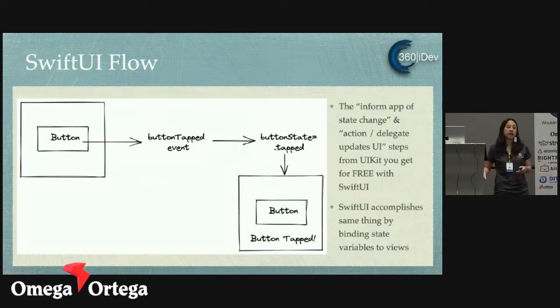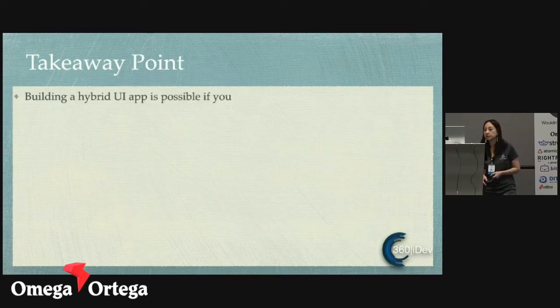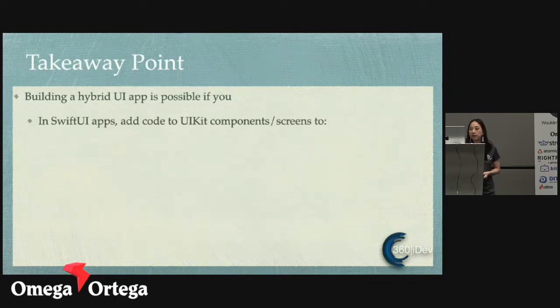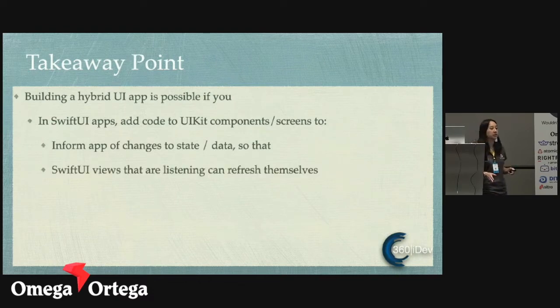So now that we know that there's differences in the flow between UIKit and SwiftUI, there's some takeaway points I want you to keep in mind as I'm going through the different use cases. So building a hybrid UI app is possible as long as in a SwiftUI app, make sure to add code to your UIKit components or screens so that we can inform the app when a state has changed, and then that way any views listening to those changes in state can update themselves.